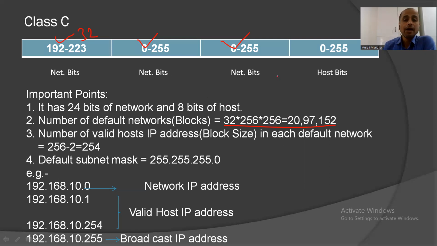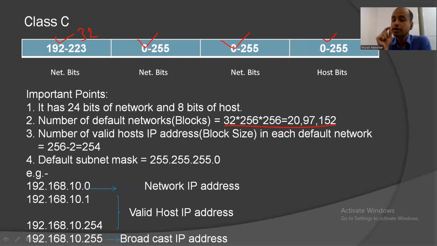But if we talk about the number of hosts, the number of nodes that can be connected into a single network will be a maximum of 254. How? This one is the last octet that is used for the host, and from this octet, we can form 256 different values.